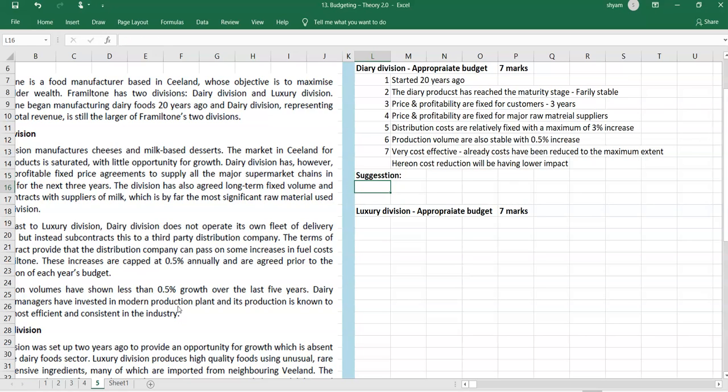See, as all variables are relatively stable, it is better to use incremental budgeting.